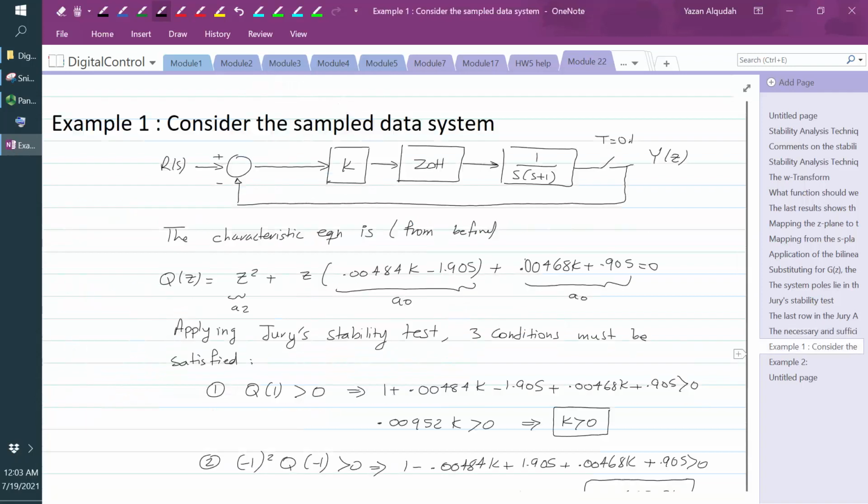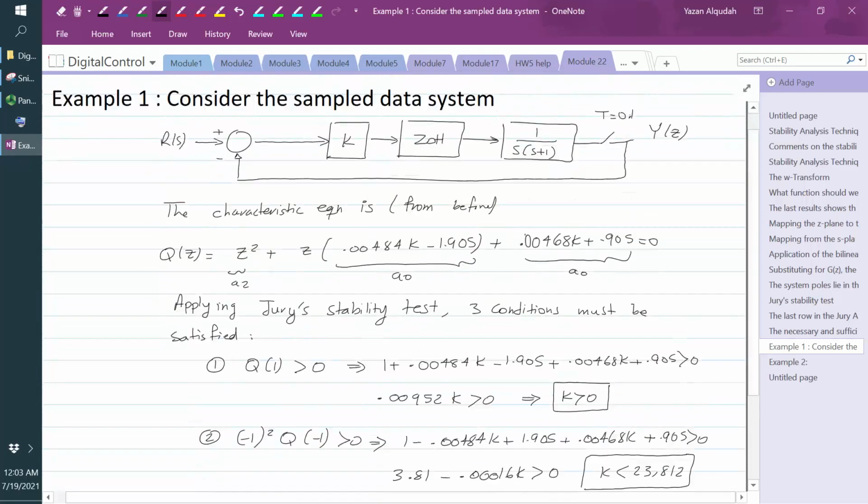Okay, so let's do examples and see how we can apply this Jury test. Going back to the example we've done before, we calculated the characteristic equation: Q(z) equals z squared plus z multiplied by this a1, this is not a0, this is a1, plus the last factor here, which is a0.